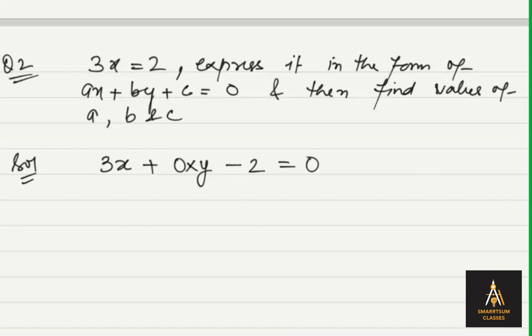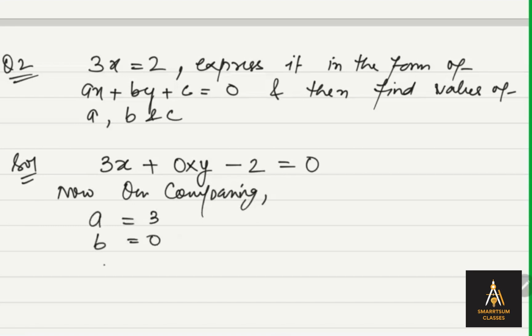So in this way, we can express the linear equation in one variable in the standard form of the linear equation in two variables. And now in comparing, you can write the values of a, b, c. a is 3, b is 0, and c is minus 2.